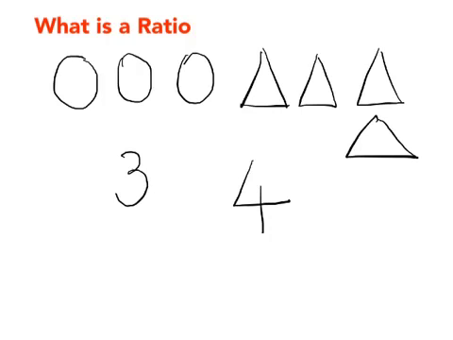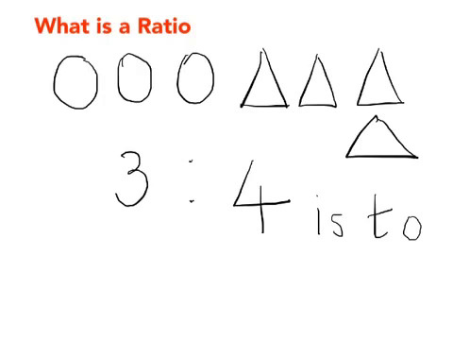There is a particular symbol that you need to use between the two numbers to say that it is a ratio. The symbol is a colon. A colon is 2 dots one below the other. And we read it as "is to". Okay?